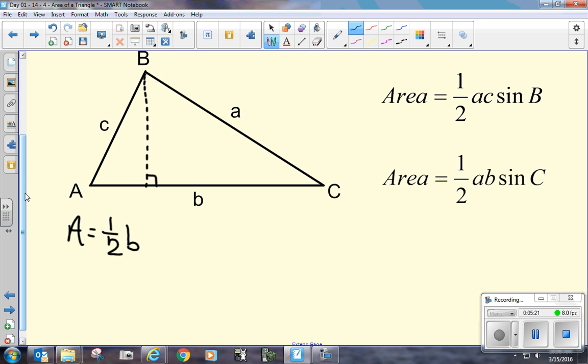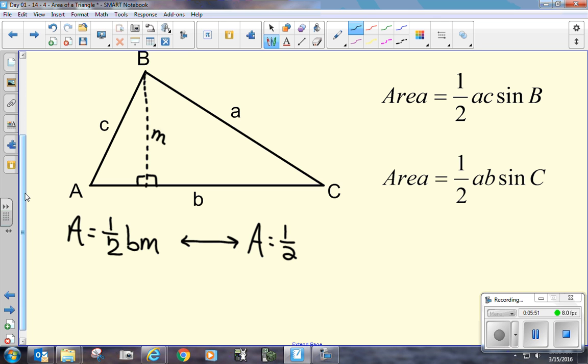We'll just call it F. You know the altitude forms two right angles here, so we have two right triangles. So how does this, the base times the height, how do we get this from it? Area equals 1/2.